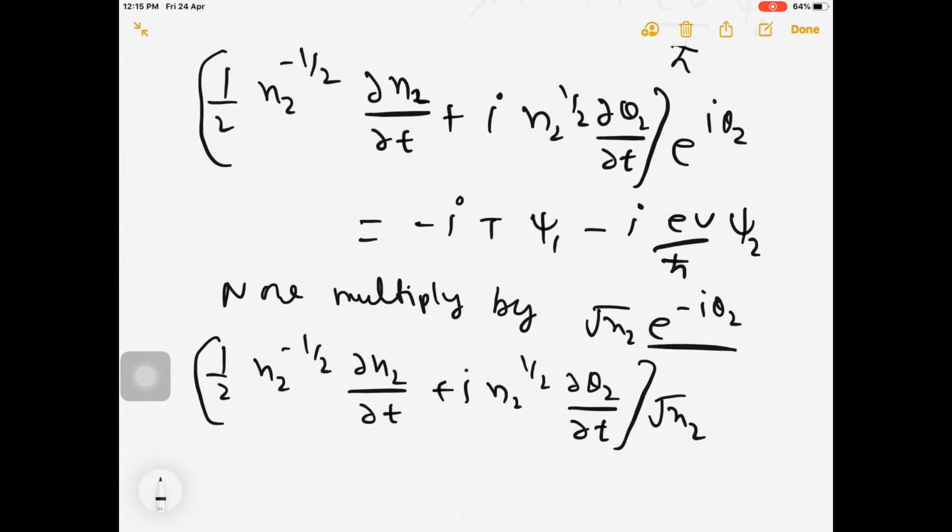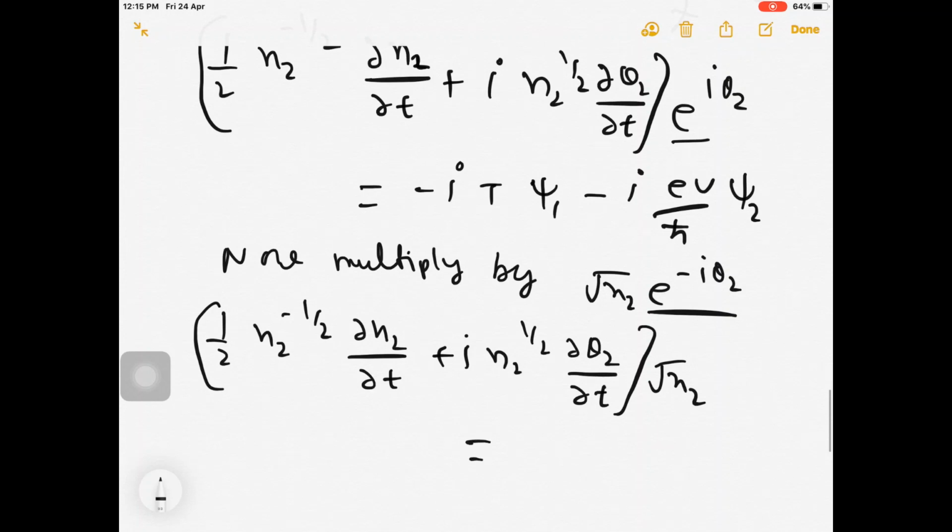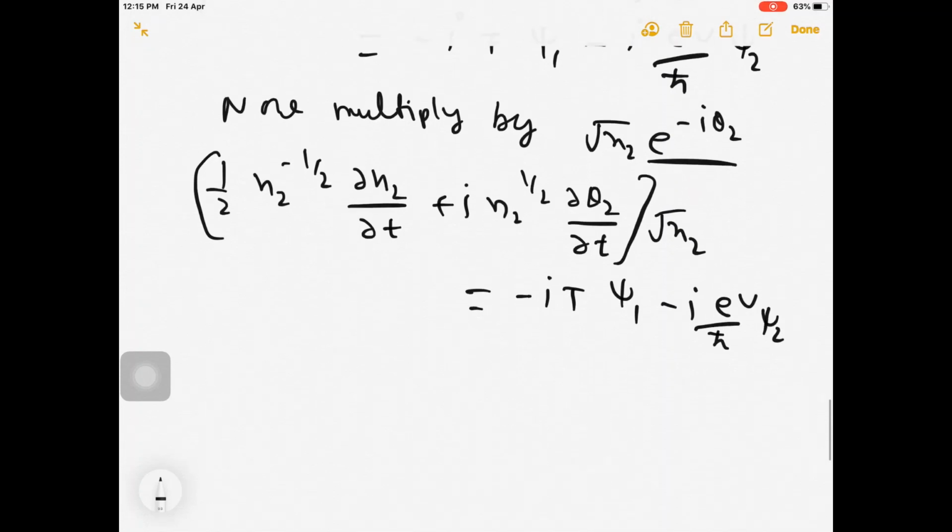e^(−iθ2) and e^(+iθ2) will be cancelled because it will become e^0, so it will be 1, and in the right hand side it will become −iTψ1 − ieV/ħ ψ2.